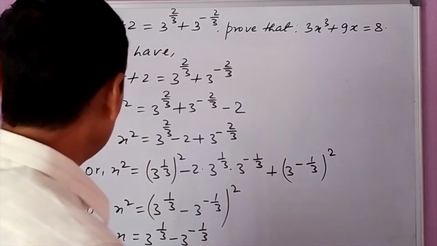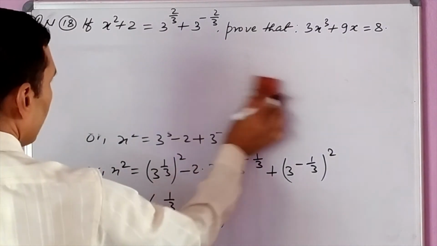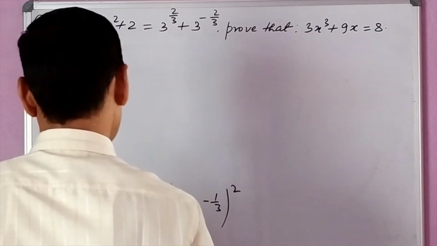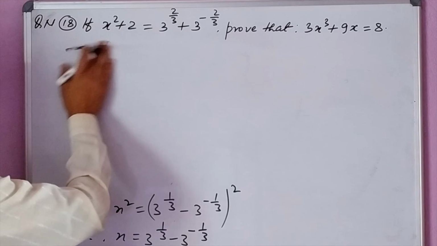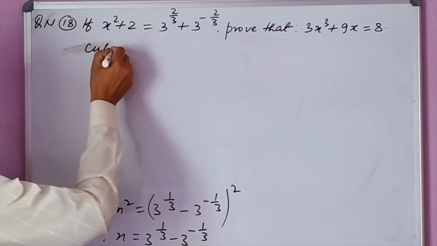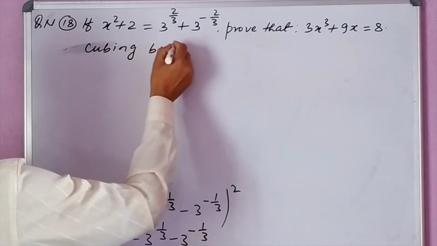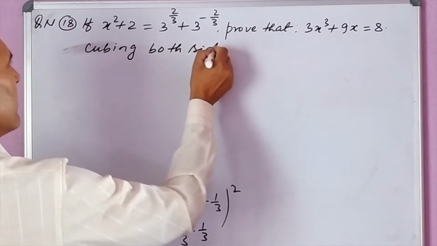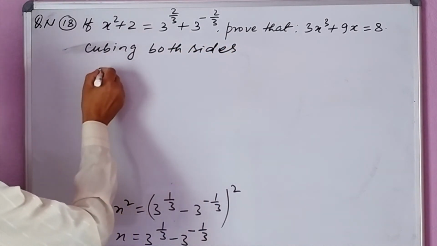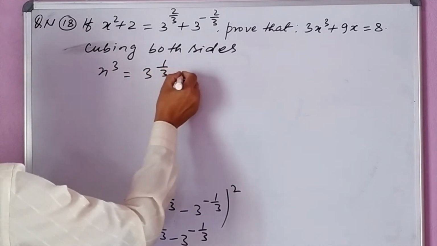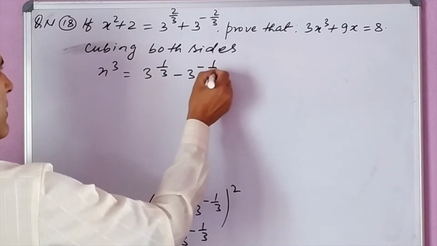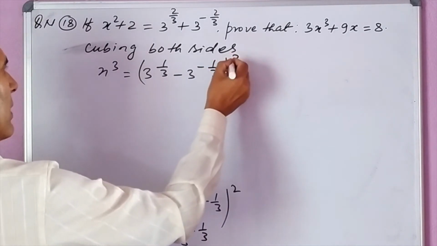Here I am cubing this on both sides. After that I am writing here cubing both sides. x cube is equal to 3 to the power 1 by 3 minus 3 to the power minus 1 by 3 whole cube.